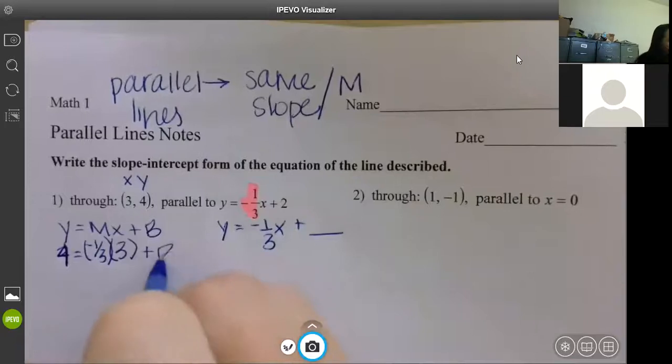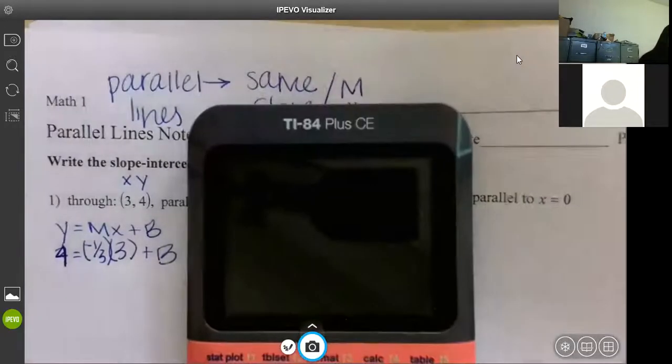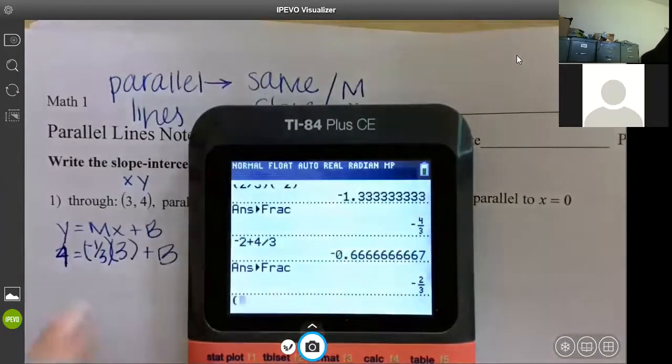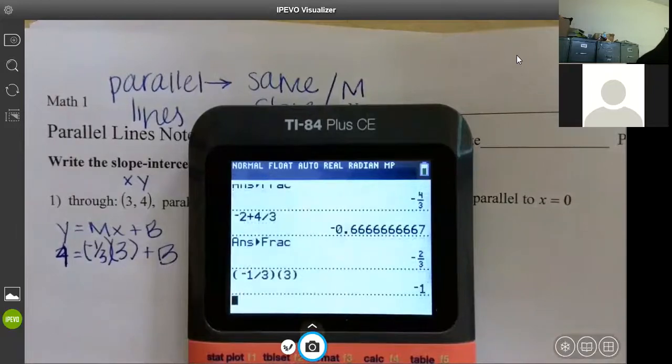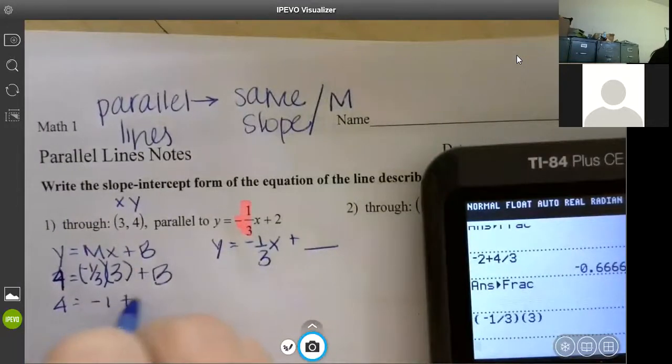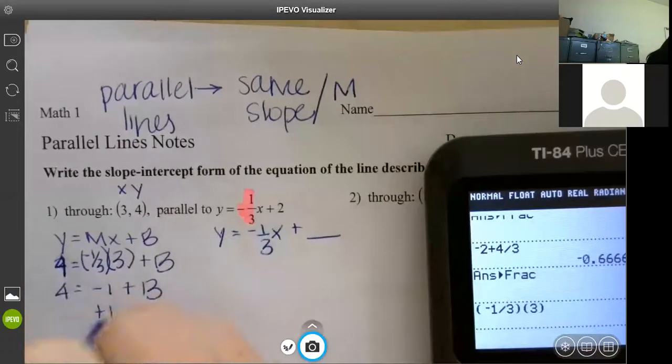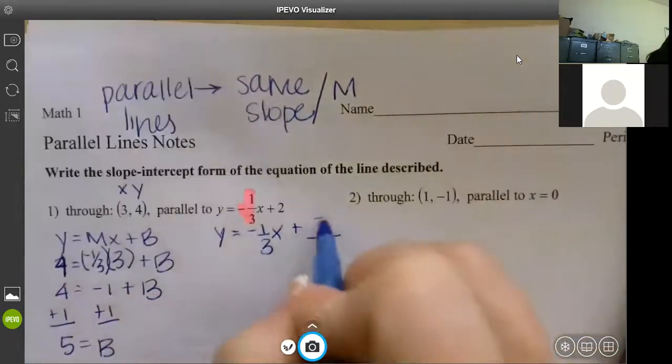And we got to solve for b. So -1/3 times 3. What did we get? So we get 4 equals -1 plus b. This is always do the opposite. It's a -1, so it's a +1. 4 plus 1 is 5. That's your answer right there.